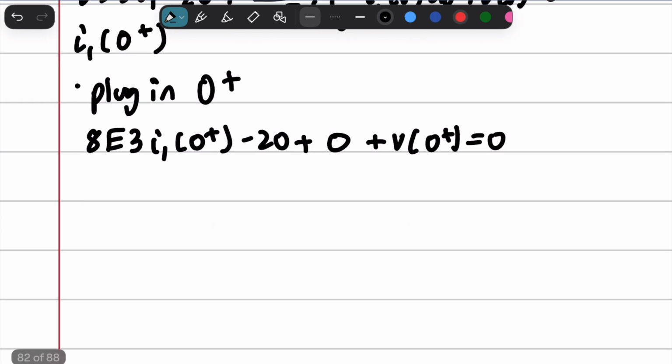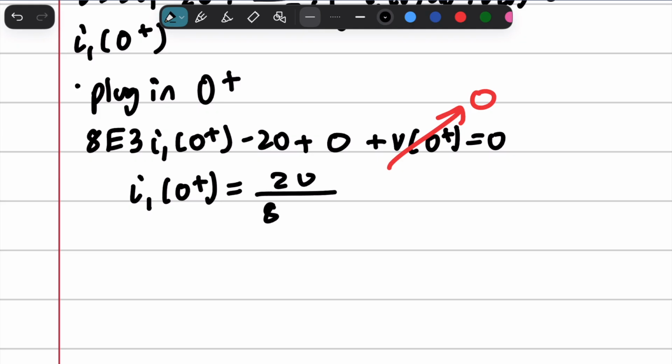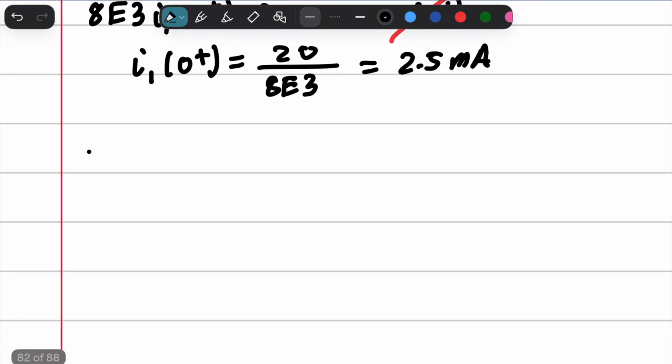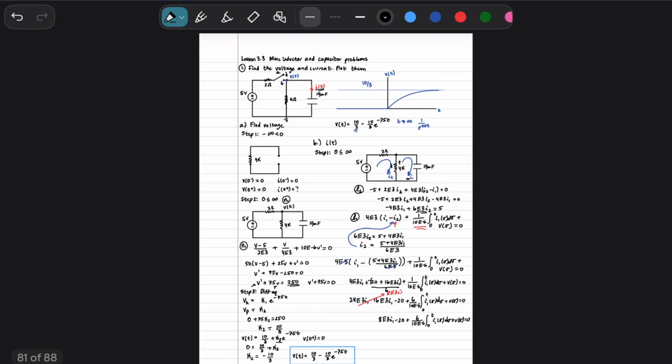Remember, our initial condition for v of 0 plus is just 0. And so we get I1 0 plus is equal to 20 over 8e3, which is also equal to 2.5 milliamps. Okay? I believe this is step 2.